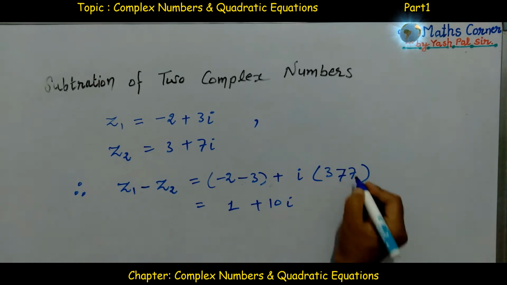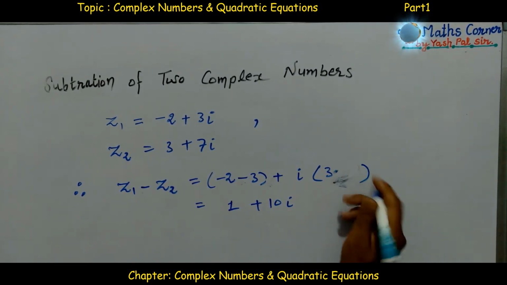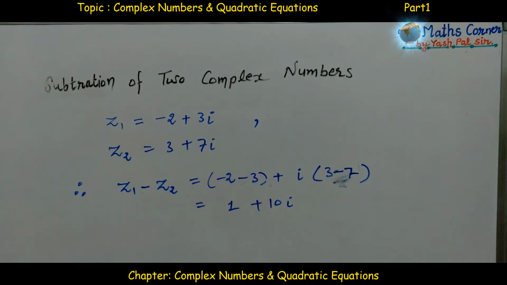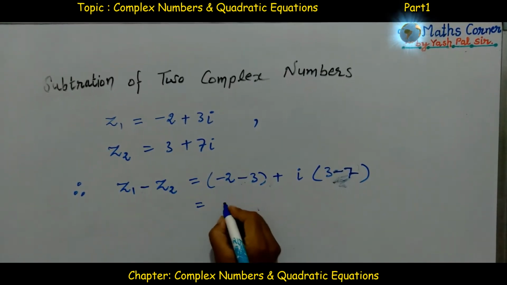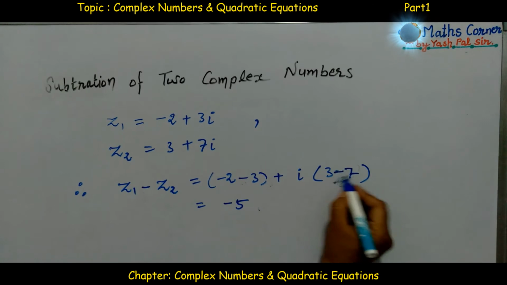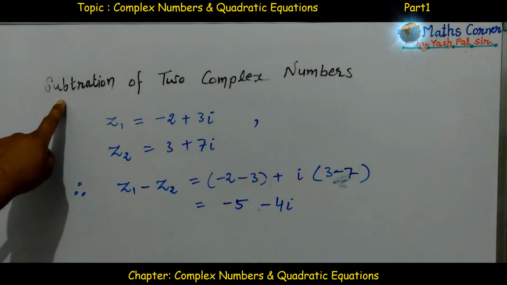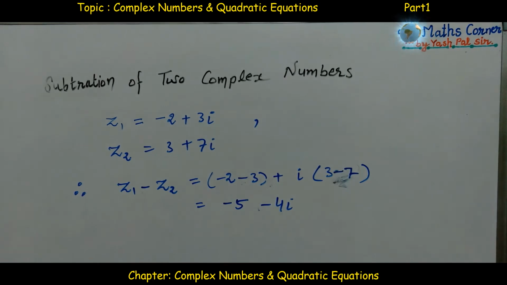So finally what is the answer? The answer is minus 2 minus 3, which is minus 5, and this is minus 4 iota. This is the way we subtract any two complex numbers.